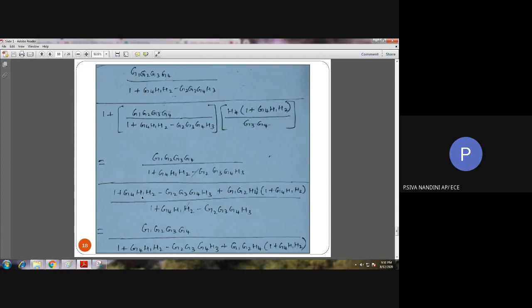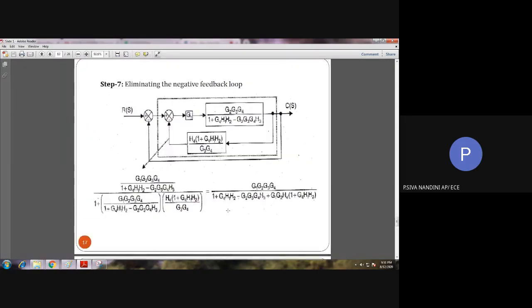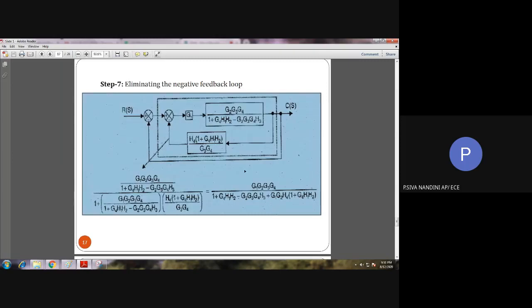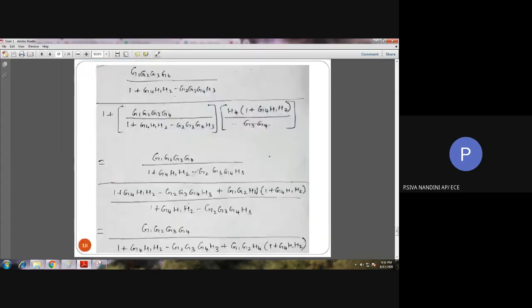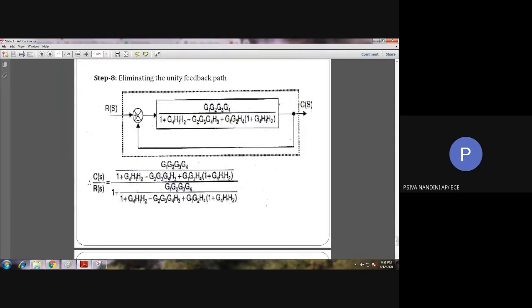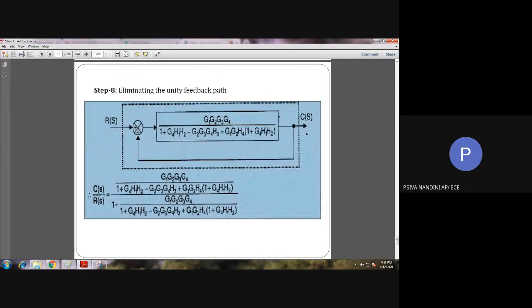After that, in the numerator and denominator we have a common term. That common term is cancelled and we obtain this equation, which is given here. Instead of this negative feedback loop, we substitute this equation, and while doing so, I obtain the block diagram as shown in step number 8.